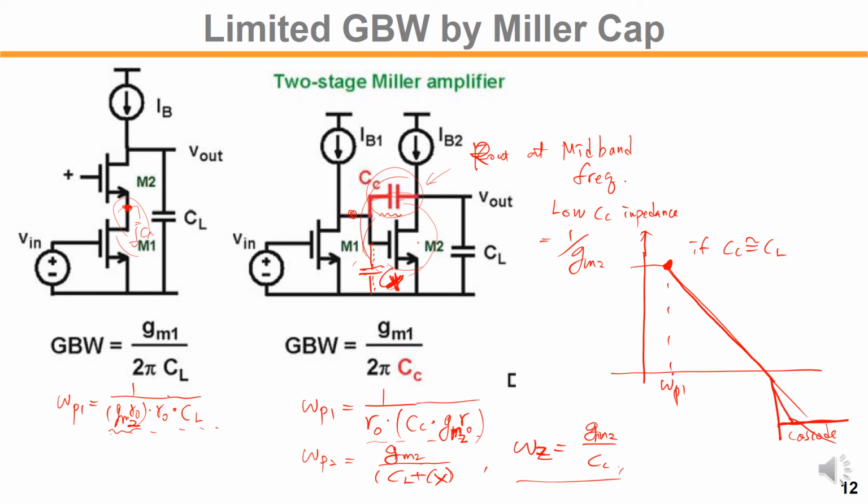Pole and zero. So it depends on whether the zero is coming first and the pole later, or the pole first and the zero later, right? Depending on the location of the zero and pole, we may have a different frequency response, right?